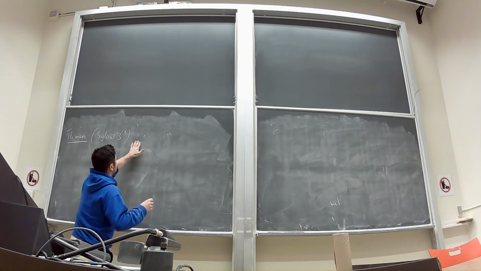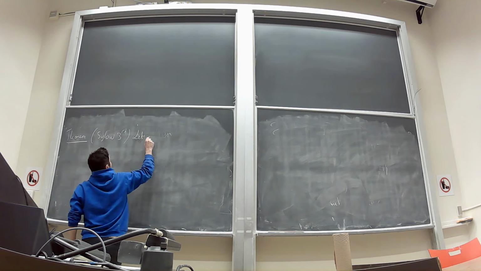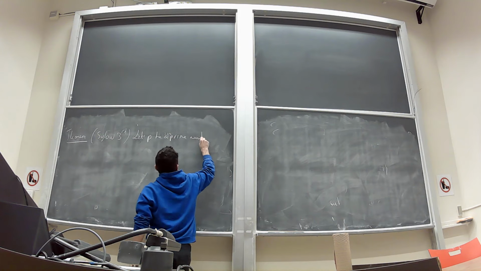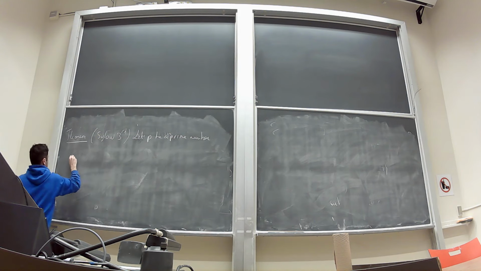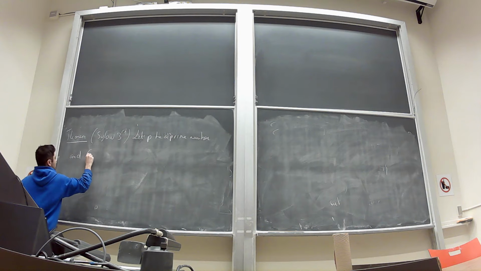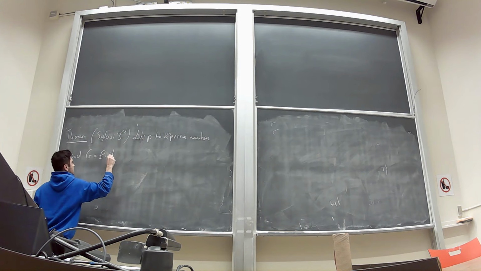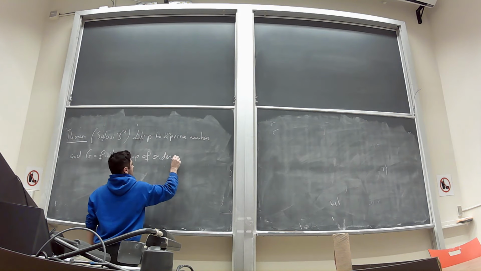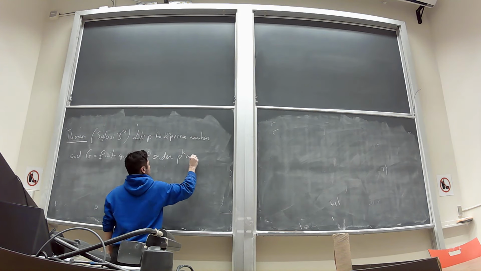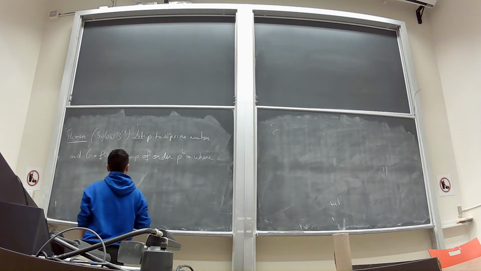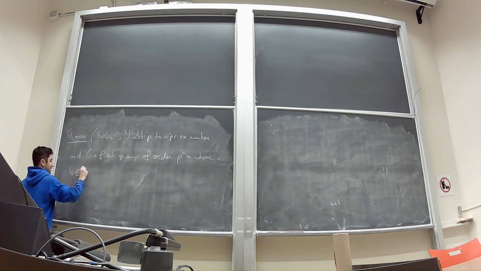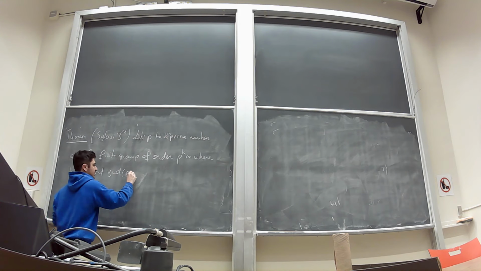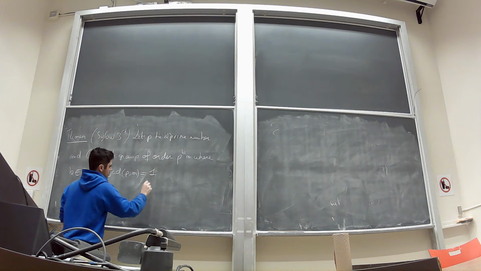Sylow third, let's restate it again. Let P be a prime number, and G a finite group of order P to the k times m, where k is in N, and GCD(P, m) is 1.